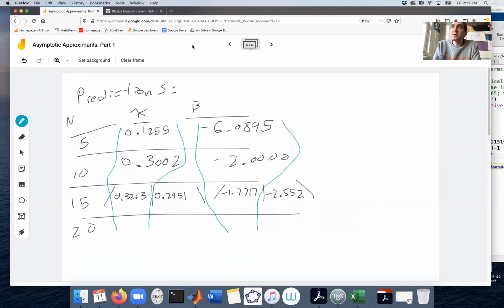How can you use the approximants? You could use things like the ratio test to figure out the modulus of the singularity in the complex plane, the distance in this case from 0 in the complex eta plane.